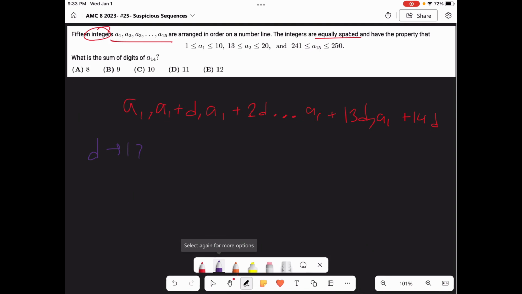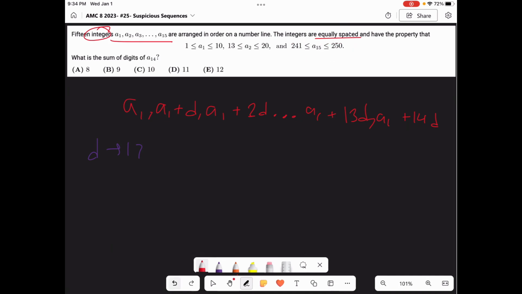Okay, so we know that A15 has to be between 241 and 250, and we multiply by 14. So first of all, what is 14 times 17? It's 238, right? So what are the possible values we can add from A1 to get a number that's within these ranges?